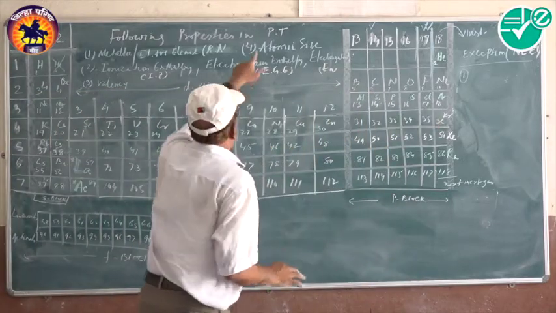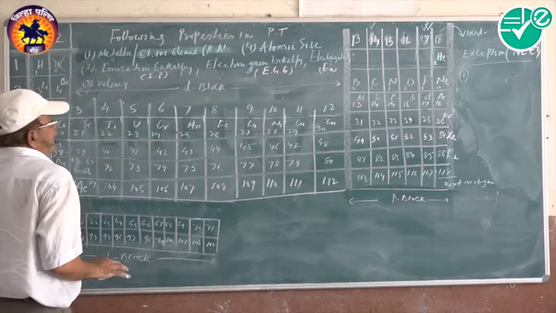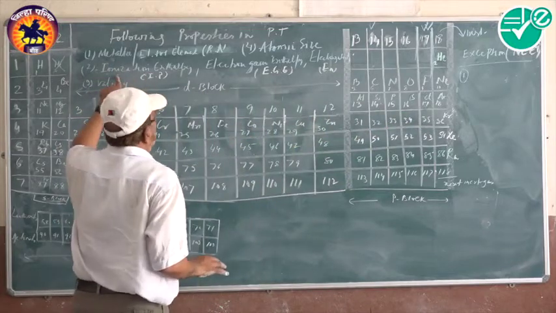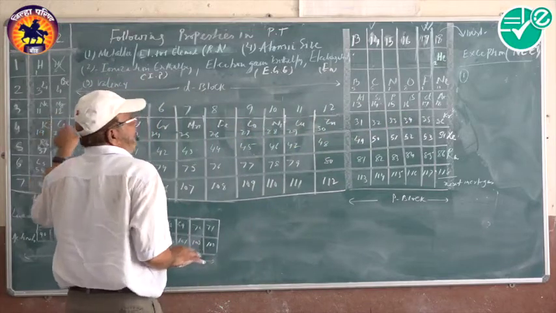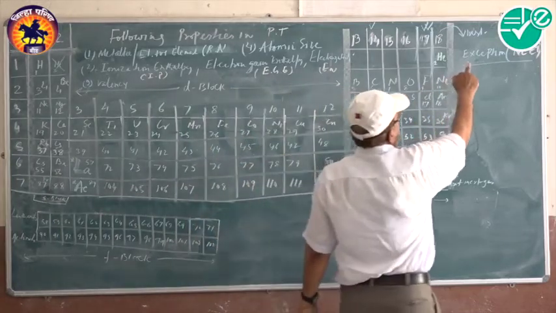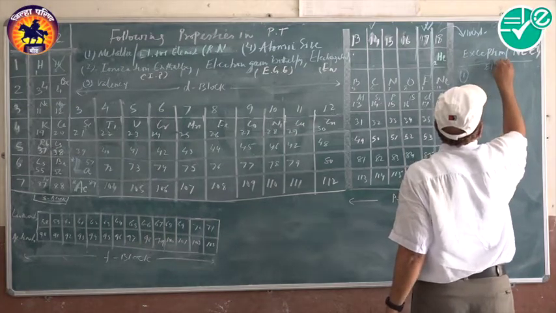And atomic size from left to right decreases. And these three properties from left to right increase here. Okay. And now there is an exception. This exception is based upon electronic configuration.